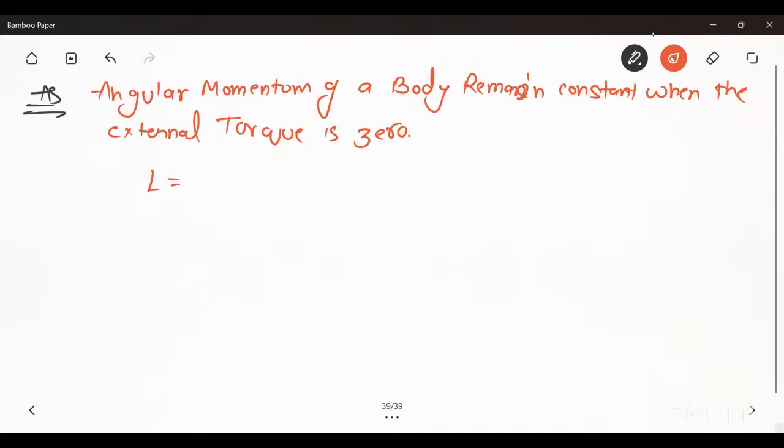That means L is equal to I omega is constant, or you can say that I1 omega 1 equals I2 omega 2.